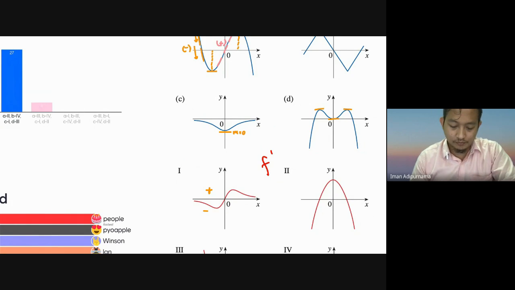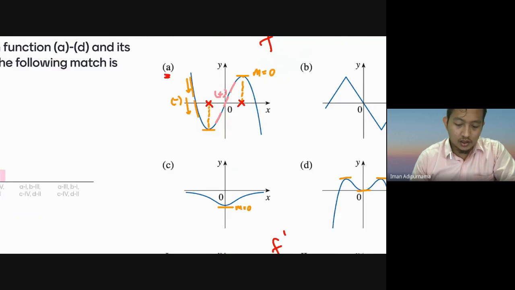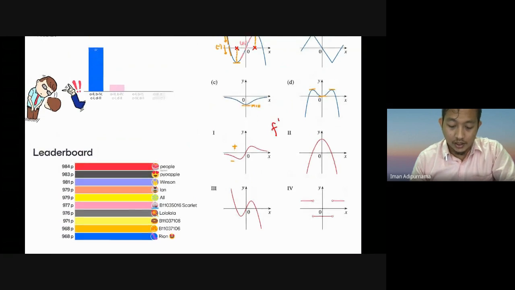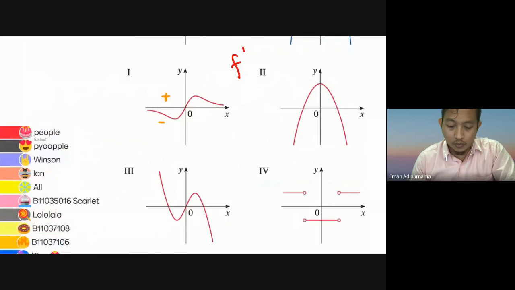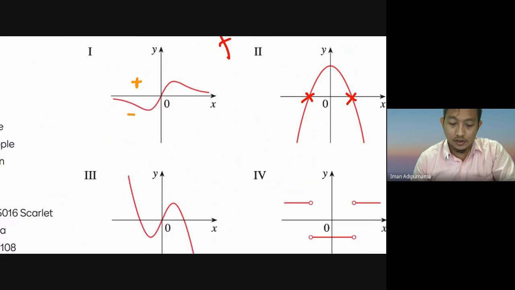Okay. Now we are looking at A here. m equals 0 at 2 points here, right? Let's see, is there any derivative that matches our conditions? The one that crosses 0 exactly at 2 points on the left and right is only this one, right? Number 2.